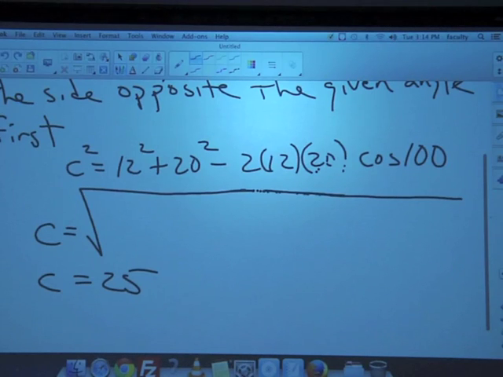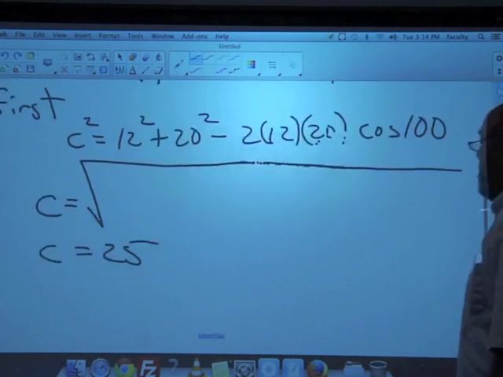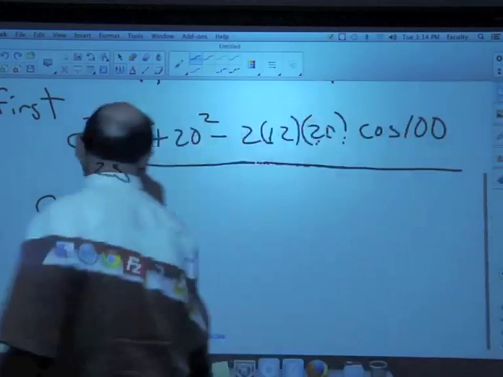Now, for this one, however, there is a second thou shalt for this scenario. The first thou shalt is thou shalt find the side opposite the given angle first. But then there is a thou shalt number 2 for this particular case.